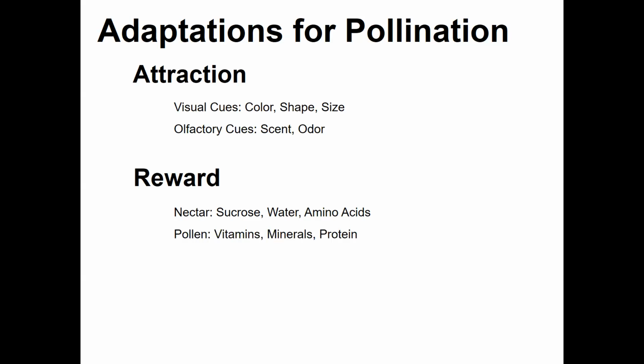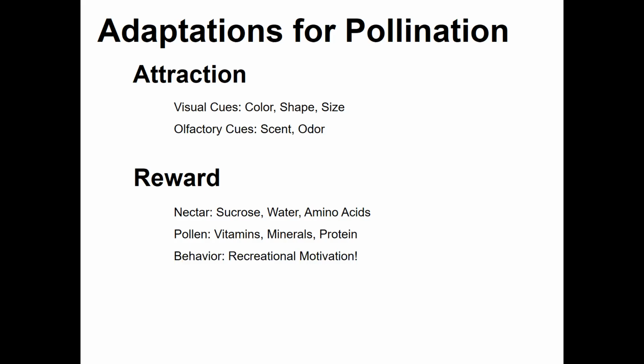That means all nectars do not have the same chemical constituents, and the energy level, the sucrose and other sugary substances, depends on the visitors. Pollen contains vitamins, minerals, and a high concentration of protein.